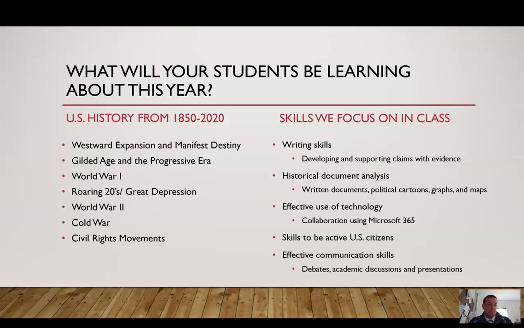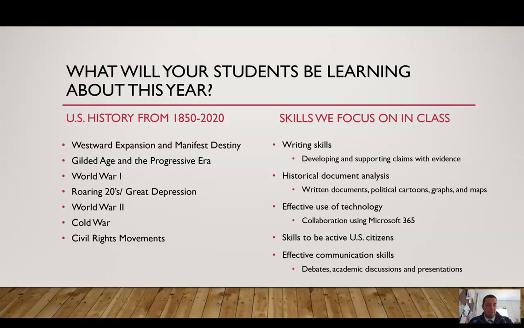This third point is becoming a highlight this year, just due to our situation: effective use of technology, specifically collaboration using Microsoft 365, and how we use technology as an educational tool or as a professional. A lot of kids know how to use technology for social purposes. We try to teach them how to use it for academic and professional purposes.